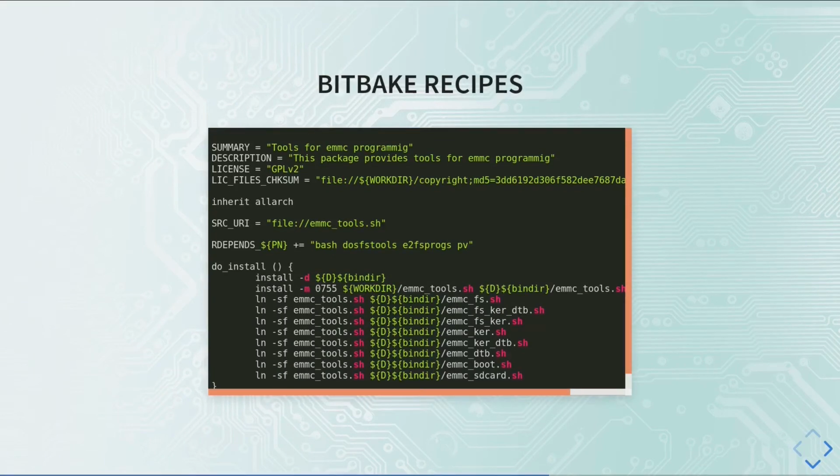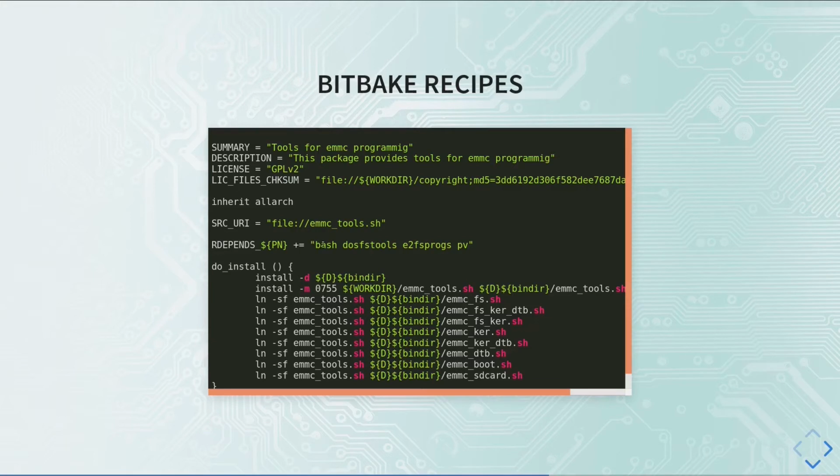Here you have an example of a BitBake recipe. This specific recipe installs the tools for eMMC programming. Here you have all the license specifications for this package. Then you have the source URI, in this case a script on the local drive.